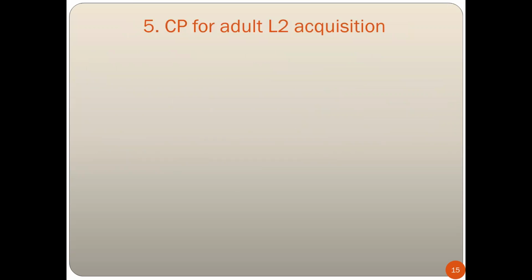Okay. Now, what happens in second language acquisition? Now we should start by pointing out that regardless of the fact that we have established that there is a critical period for first language acquisition, it doesn't necessarily follow that there is a critical period for adult second language acquisition.